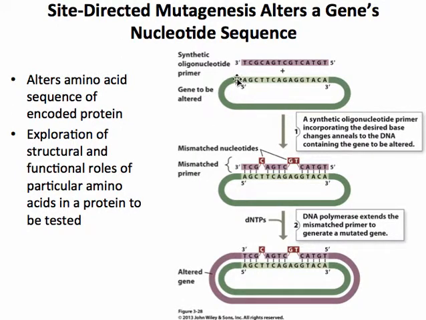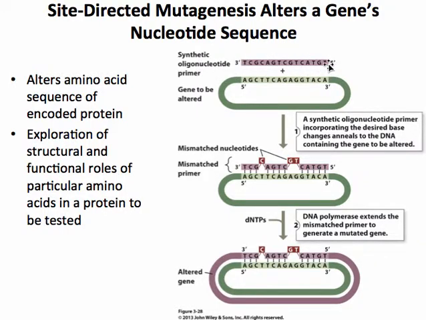If we look at this picture, this green circle here, this is not a plasmid. This whole thing is a gene of interest. And they're showing us the nucleotides for this area. This area is of interest and we want to mutate it. So what we do is we get an oligonucleotide.